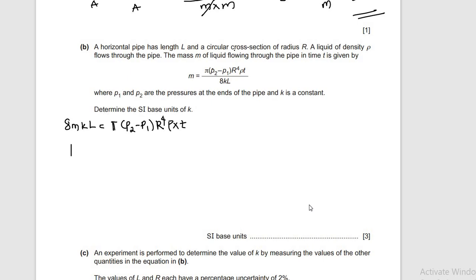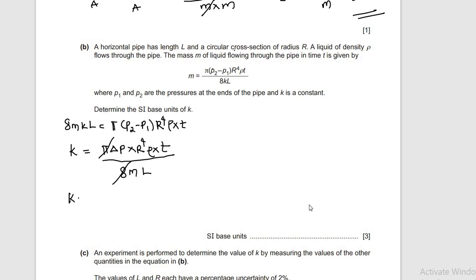So make K the subject of the formula. That will be pi (P2 minus P1, which can be written as change in P) R raised to the power 4 density multiplied by time over 8 m L. Pi is a number, it has no unit. 8 is a number, it has no unit. So we don't have any business with such.